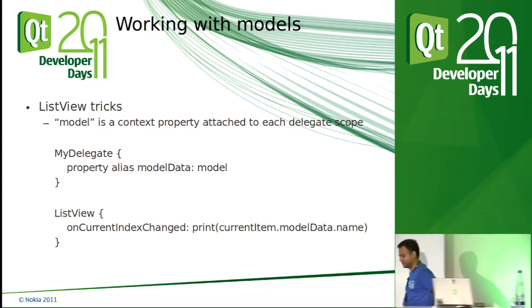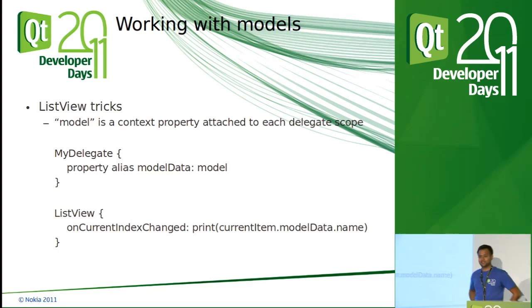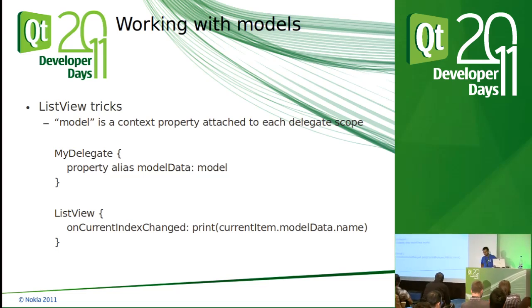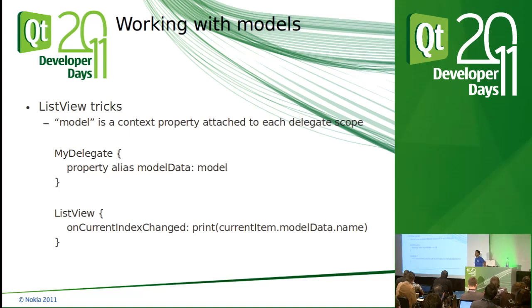I put in this trick because it's one of the most frequently asked questions on IRC. And the question basically goes like, how exactly do I access the model data associated with a delegate? And the answer is basically that each delegate is a component.